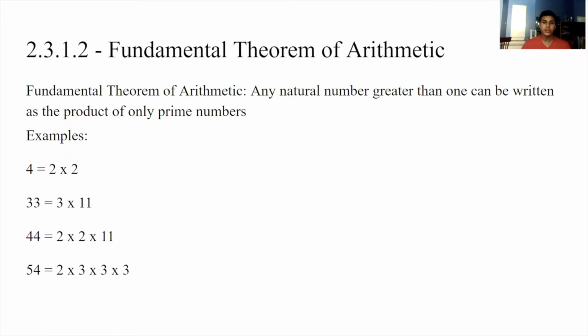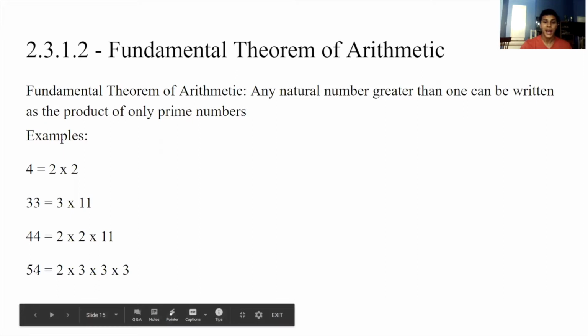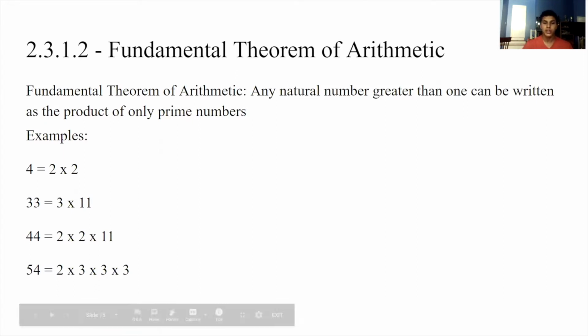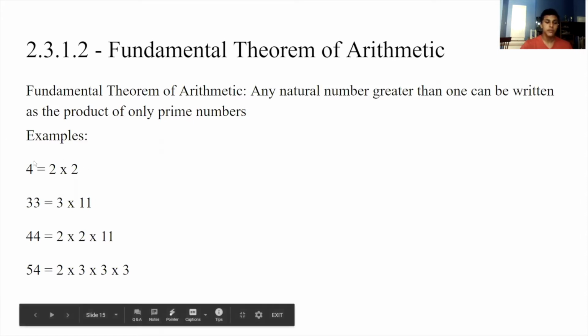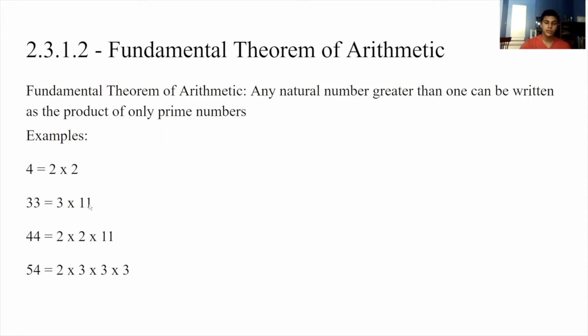So the fundamental theorem of arithmetic is telling us that any natural number greater than 1, so in these four examples, my natural numbers are 4, 33, 44, and 54. And remember, they have to be greater than 1 for this to apply. They can be written as the product of only prime numbers. So in this example with 4, it's written as 2 times 2. And 2 is a prime number, so 4 can be written as the product of only prime numbers. 33 can be written as 3 times 11.